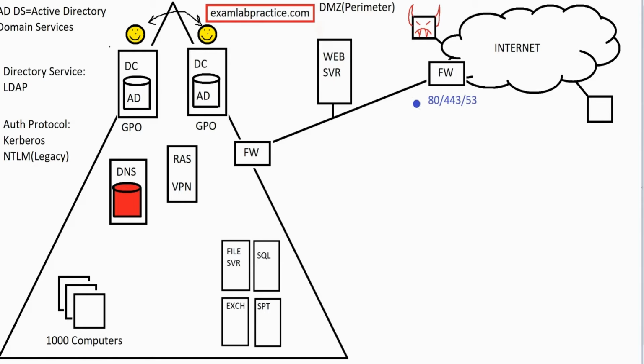Even if a hacker somehow hacks this web server, you're not going to allow traffic to pass through this firewall and get to these resources. The only traffic that you might allow would be VPN. Okay, and there's a bunch of authentication and all that has to happen to make that work. All right, so that's the idea of remote access and VPNs in a nutshell for you, as well as the concept of DMZ and the perimeter network idea.